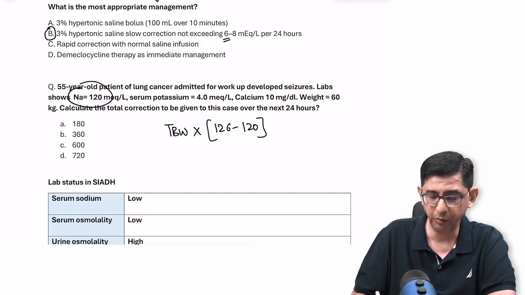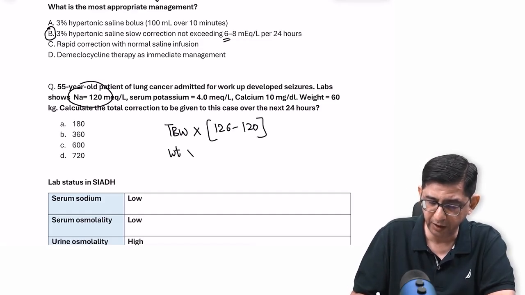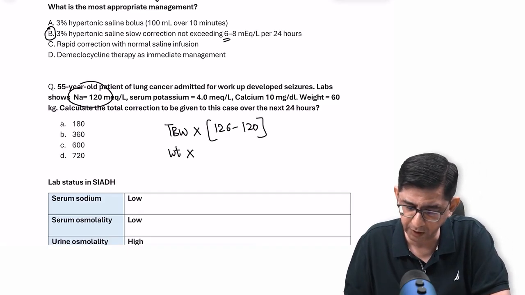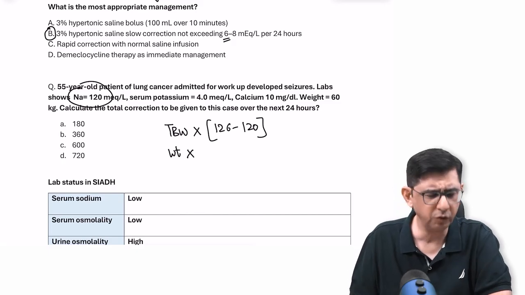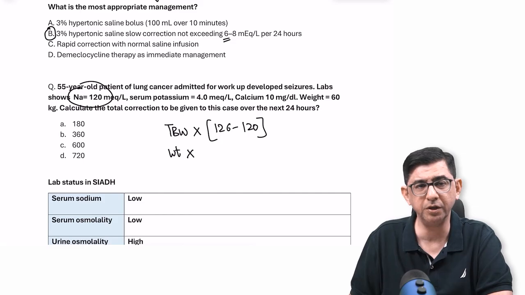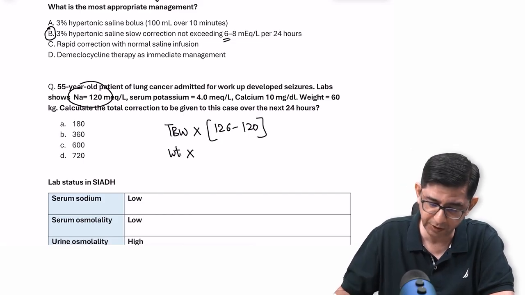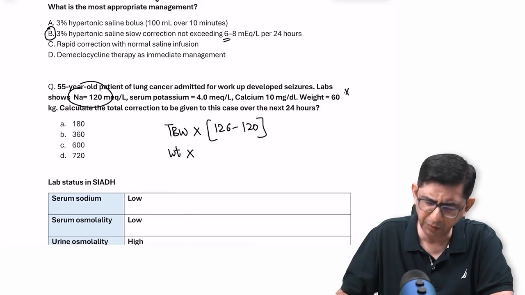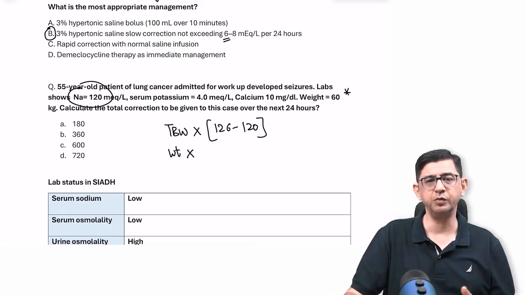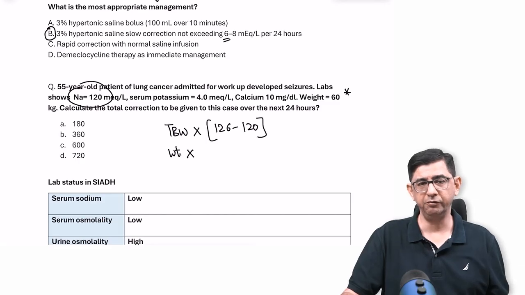How do you calculate total body water? You have to multiply the weight. In this case, he has mentioned, I think, the gender. 50-year-old patient, lung cancer, develops seizures. Okay, so we'll take him to be a male patient with a weight of 60 kg. Gender is not given, but we'll assume that a lung cancer patient must be a smoker, and the weight is 60 kg.